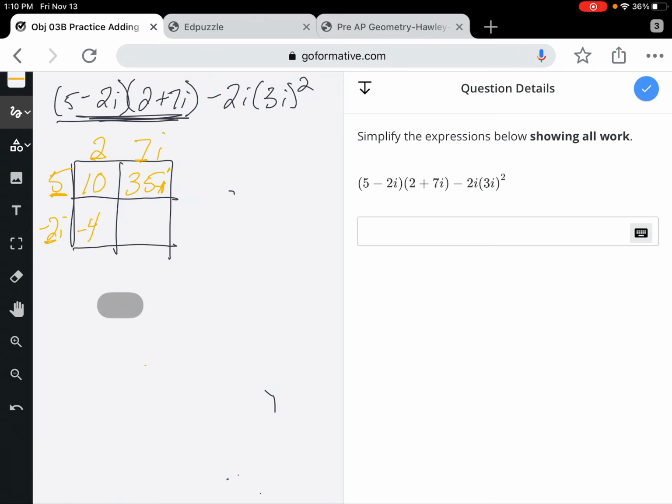Negative 2 times 2 is negative 4, and then I have my I. Negative 2 times 7 is negative 14. I times I is I squared. I know I can combine these. This is going to be 10. And then negative 4 plus 35 is going to be negative 31I minus 14I squared. Okay, I'm going to leave that for right now.